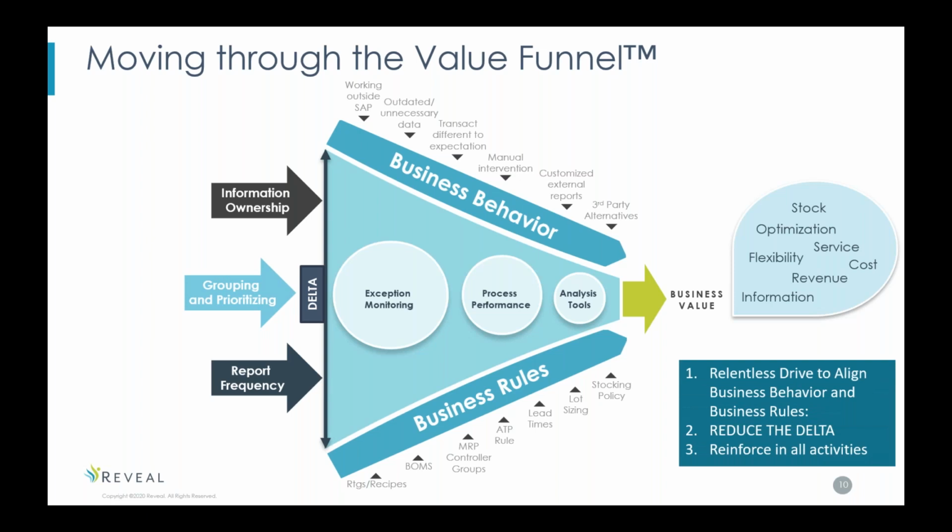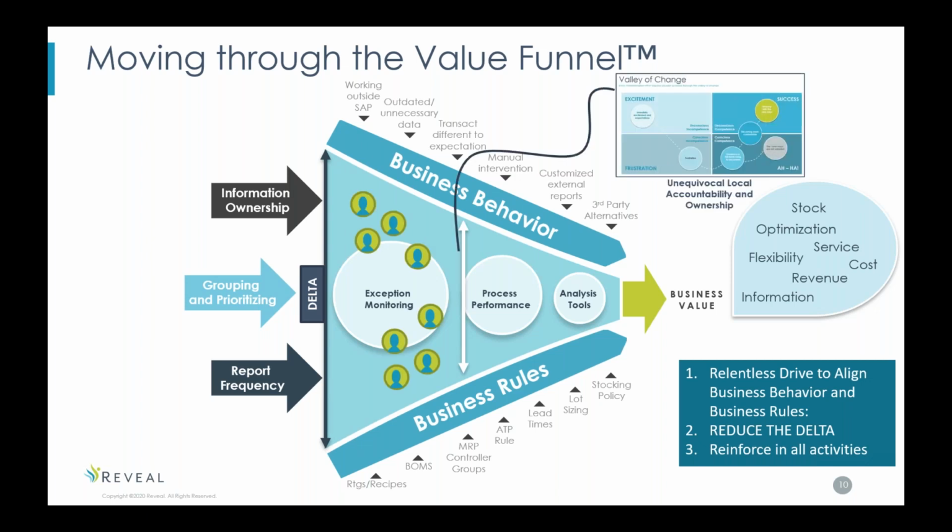So what you want to do is relentlessly drive to align those business behaviors and the rules. And in doing so, you will be able to reduce the data, and you will be able to move towards gaining the value that this business funnel shows you towards the right of the screen. Okay, and what I'm going to say here as well is that as we go through a process like this, you do go through what we call the valley of change.